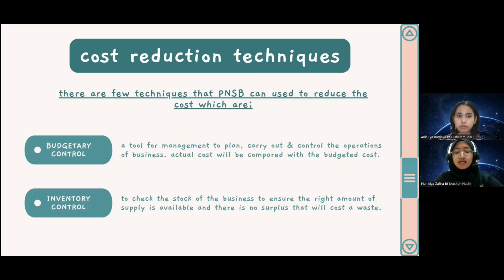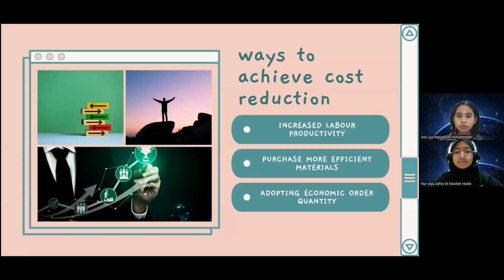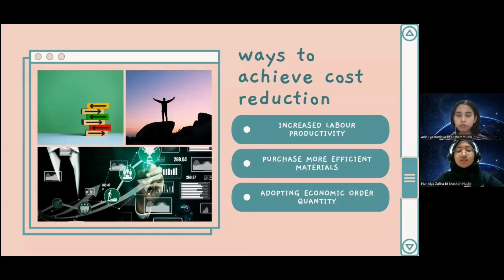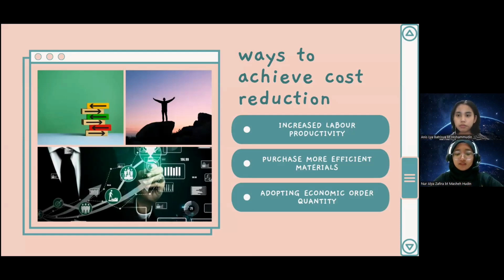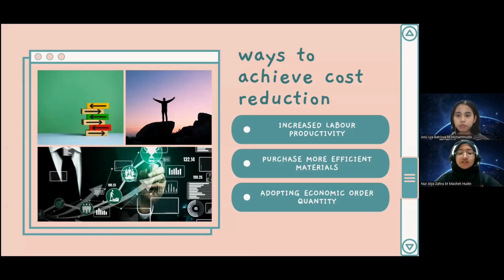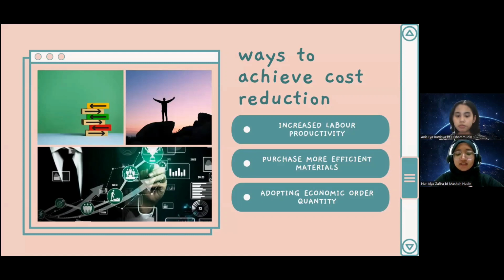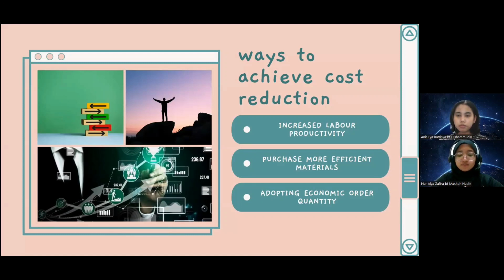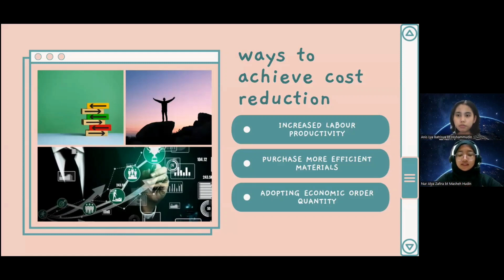So for the next slide, these are ways to achieve cost reduction. As I said, the cost reduction program can be applied in the company but will not be achievable if the company ignores the methods. I chose a few of the methods. The first one is increasing the level of productivity.